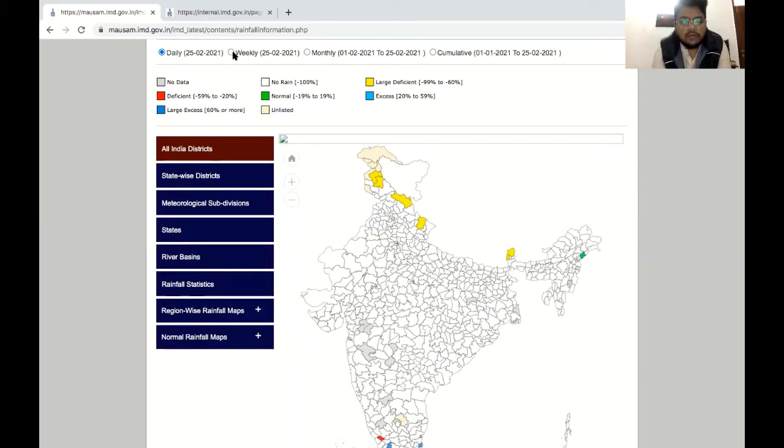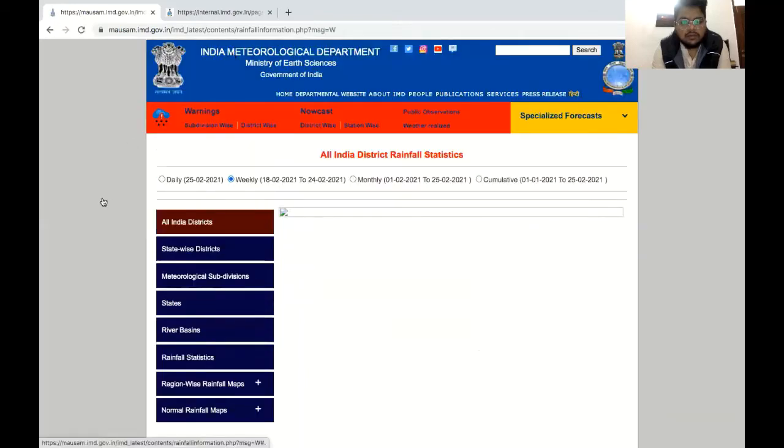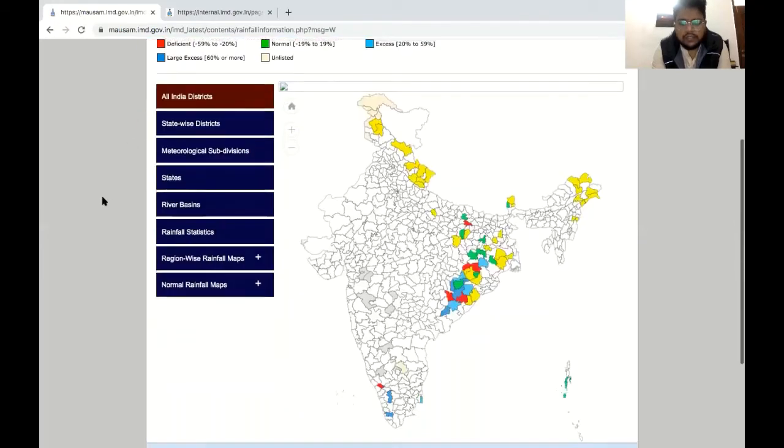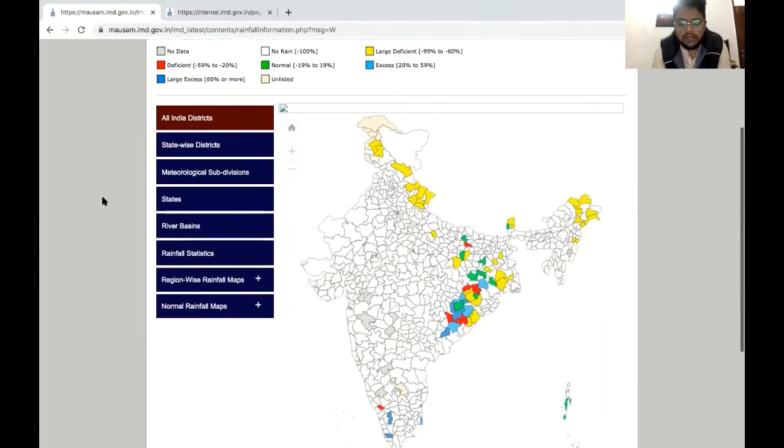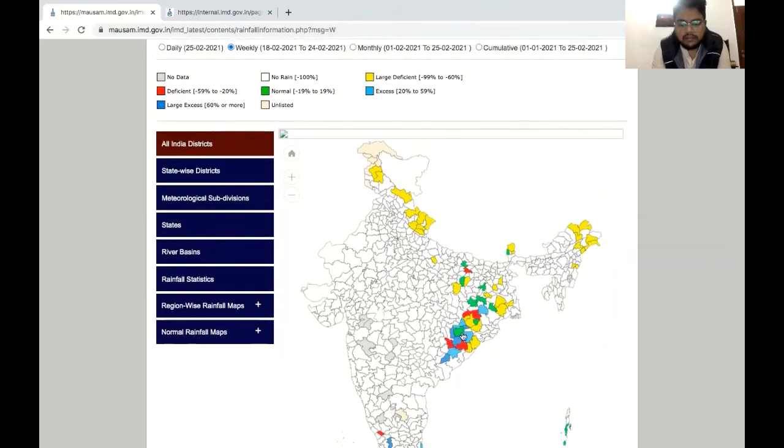But if we look at weekly, that would be from 18th of February to 24th of February. There has been some rainfall in the week, and in fact, there has been excess and large excess rainfalls in a lot of the districts of Odisha and some districts of even Andhra Pradesh, like Vizianagaram.